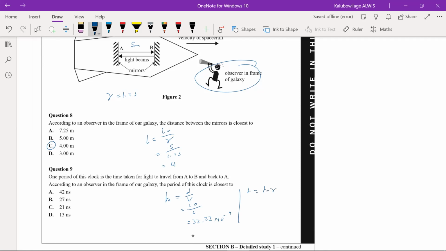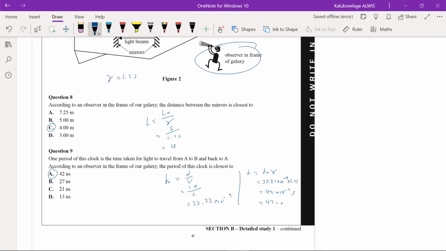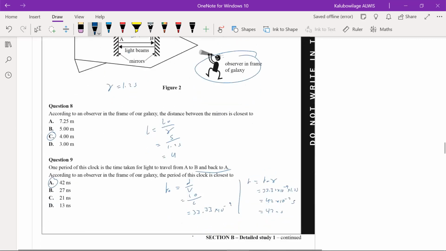Yes, T0 is 2.33 times 10 to the power minus 9, times 1.25. It's 42 times 10 to the power minus 9 seconds, which is 42 nanoseconds. And just be careful, this is A to B and back to A, which is why I use 10 meters, not 5.